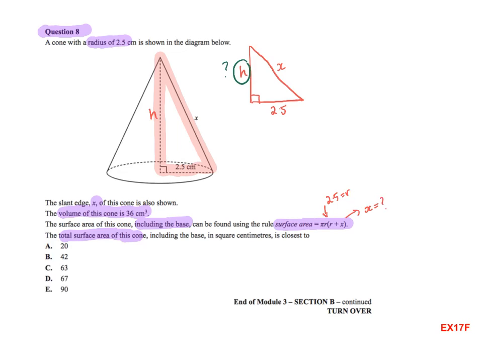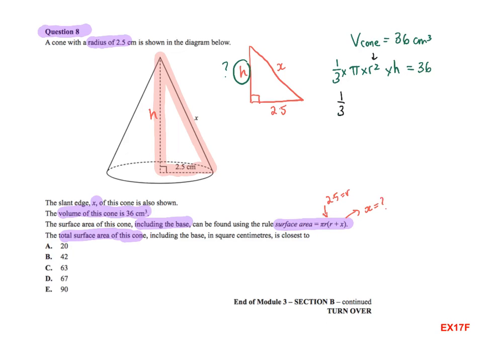Now, let's go look at what else they gave me. They gave me the volume of the cone. They said the volume of the cone equals 36 centimetres cubed. Now, I know that formula for volume of a cone. Formula of volume of a cone is 1/3 times pi times r squared times h. Okay? Now, I'm going to say I know that equals 36, but I also know what r is.